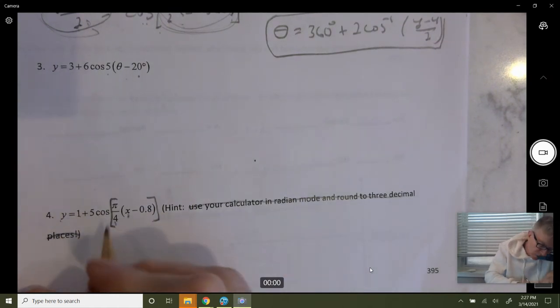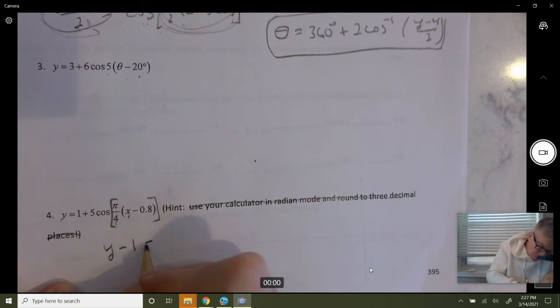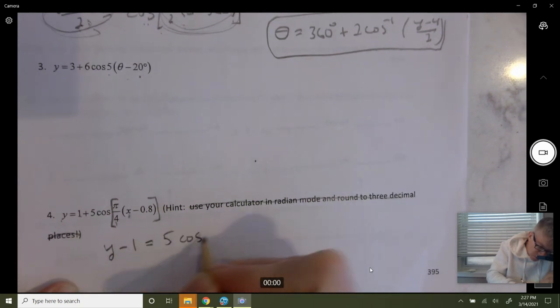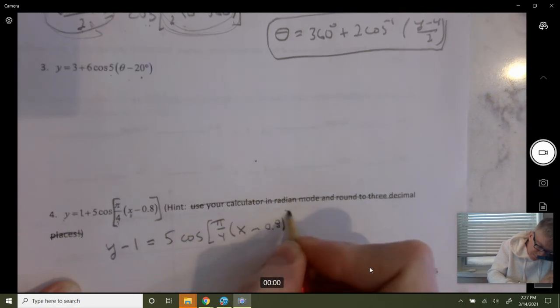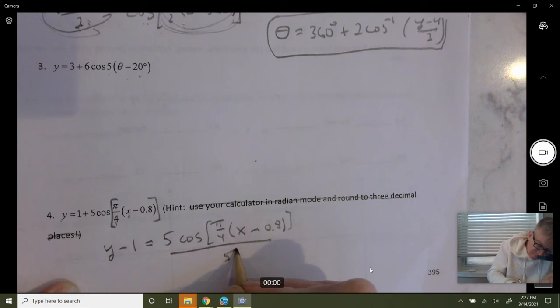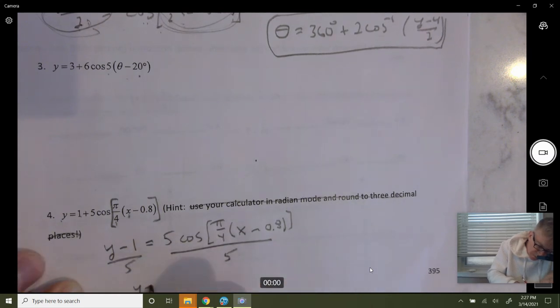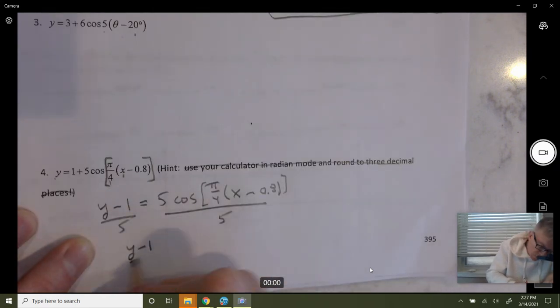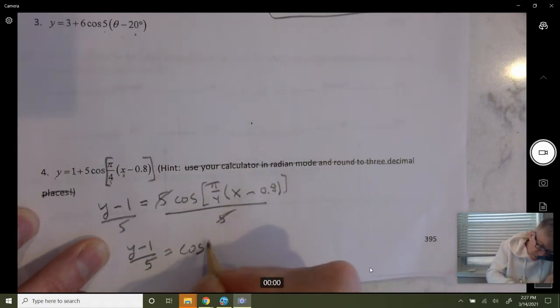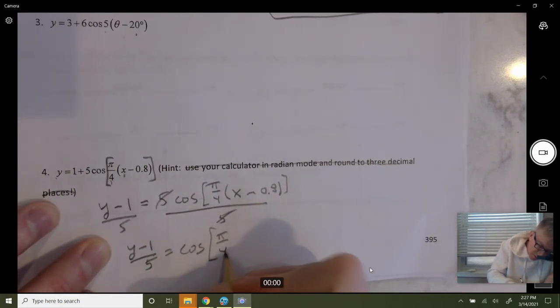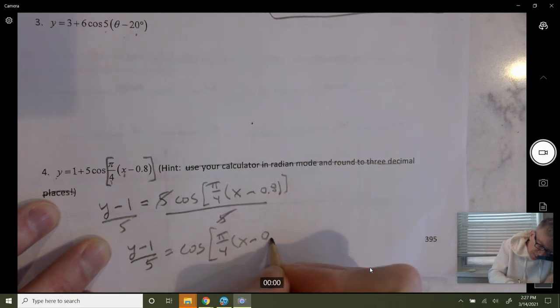So I'm going to subtract 1 from both sides. y minus 1 equals 5 cosine of pi over 4 times x minus 0.8. Divide both sides by 5. y minus 1 over 5 is equal to, 5's cancel, cosine of pi over 4 times x minus 0.8.